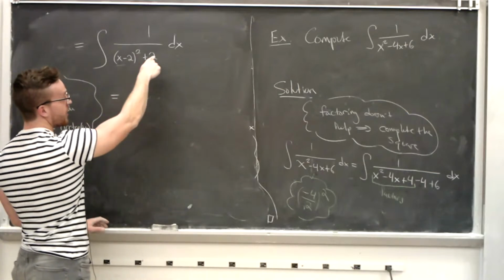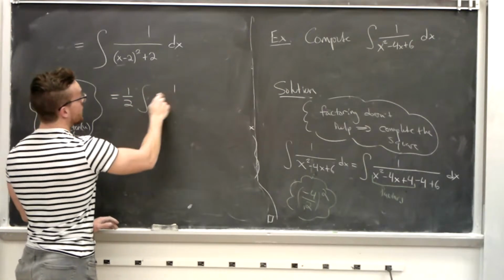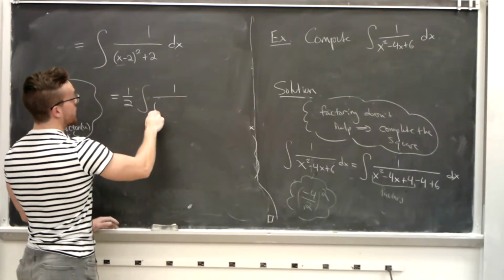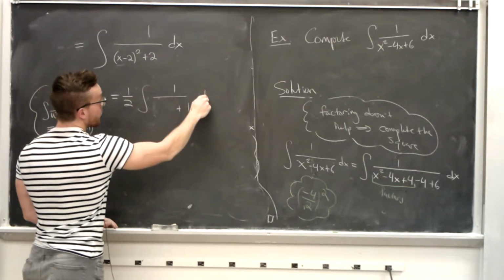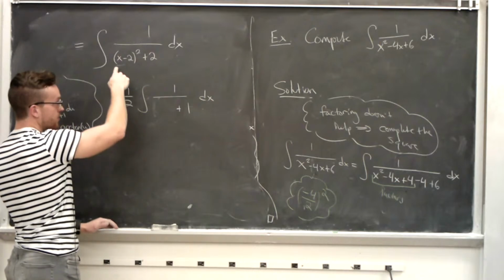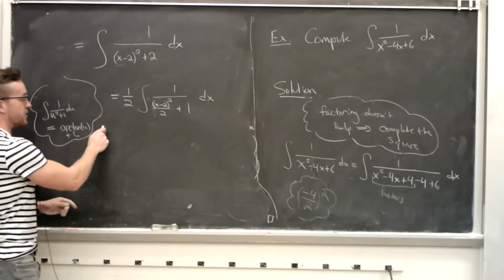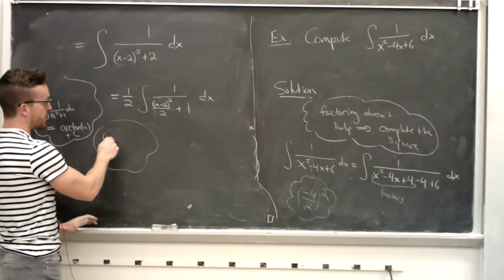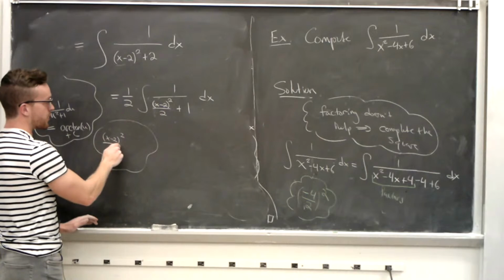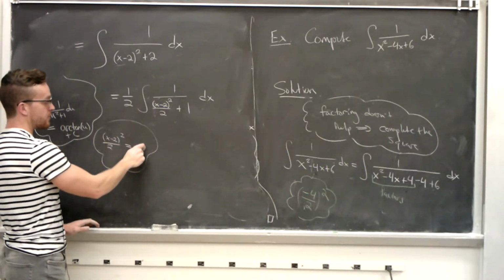To do that, I want this to be a 1. Factor out the 2. If you do that here, it would be plus 1. And then I look at this and I think, gee, I really wish x minus 2 quantity squared over 2 looked like u squared.